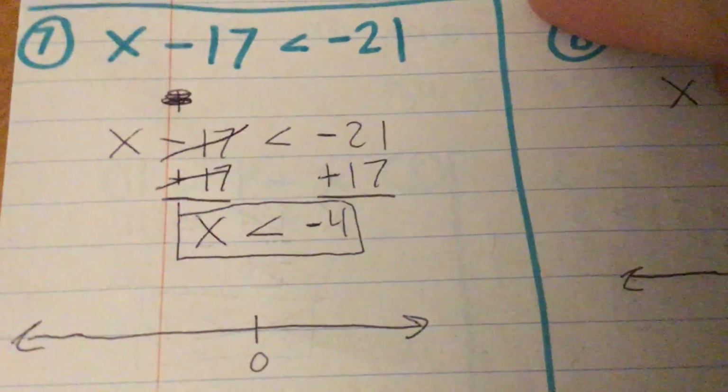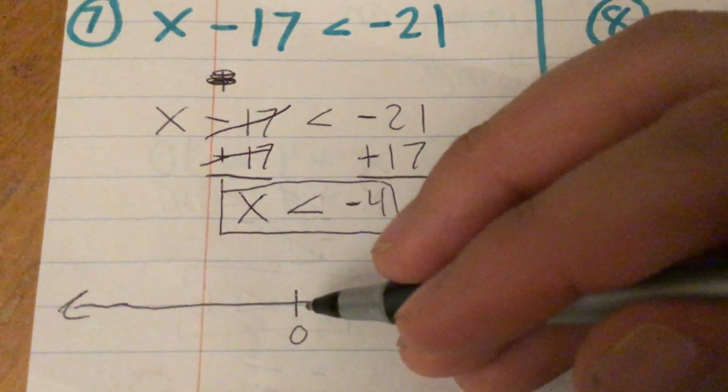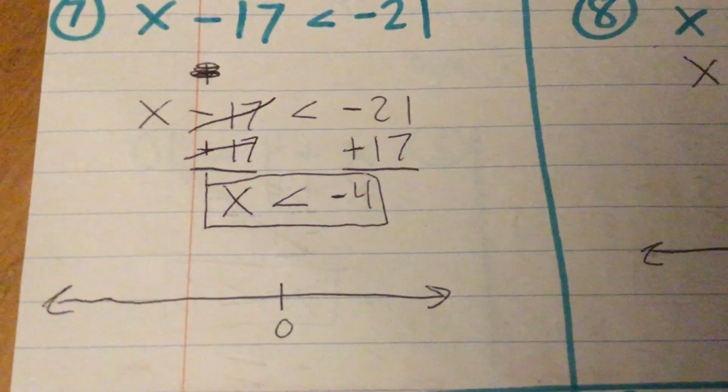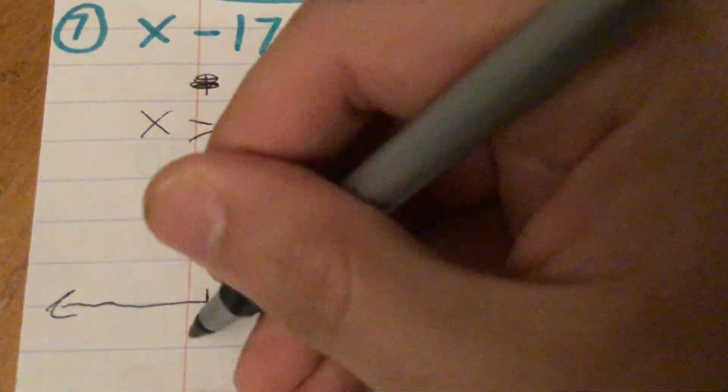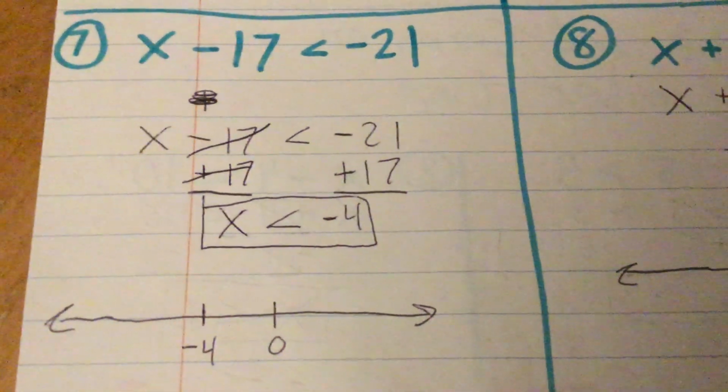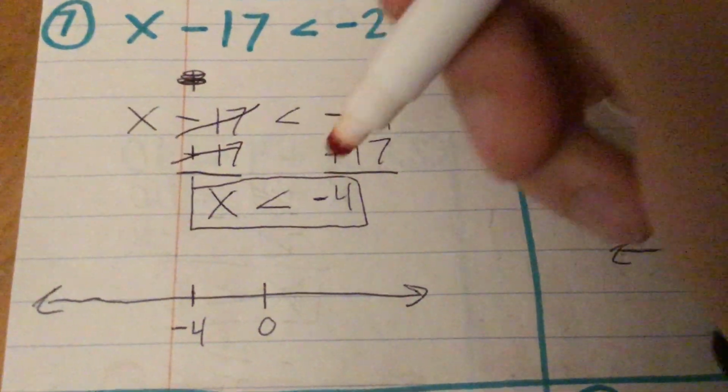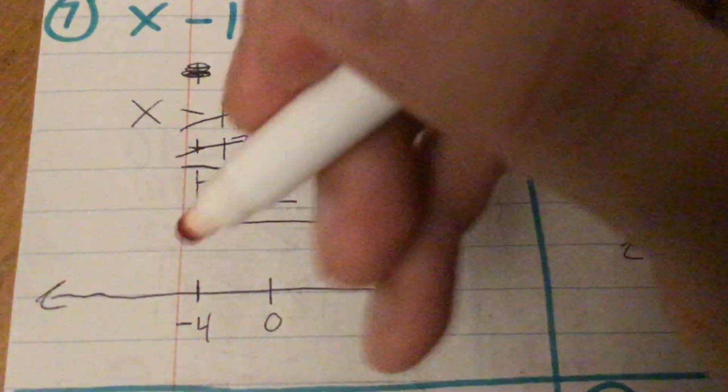I get my 0 in the middle. Negative 4 is located to the left or to the right of 0? To the left. And it's all numbers, x is less than -4. The numbers less than -4 are on the left side of -4.